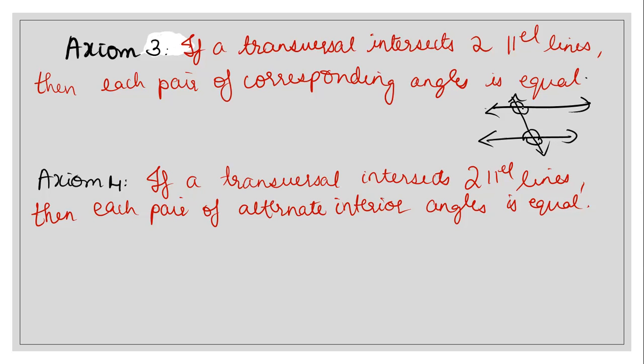So if there is a transversal, let's say transversal L intersects two parallel lines M and N, then each pair of corresponding angles are equal to each other. That's what axiom number 3 states.